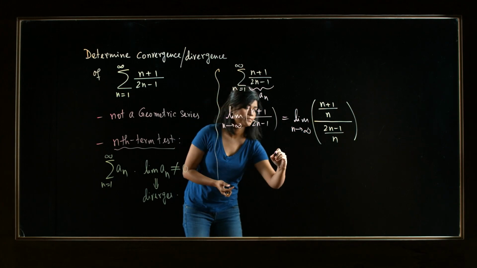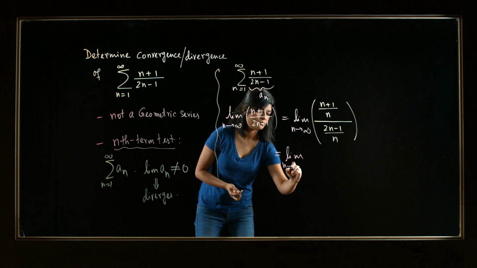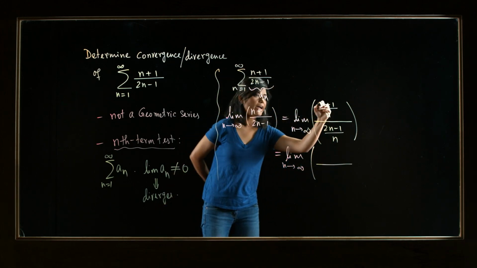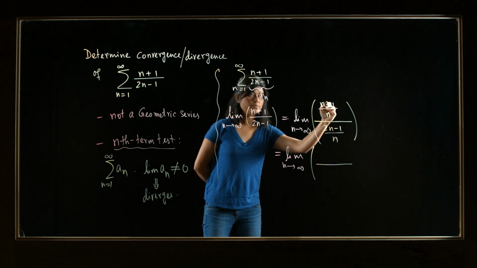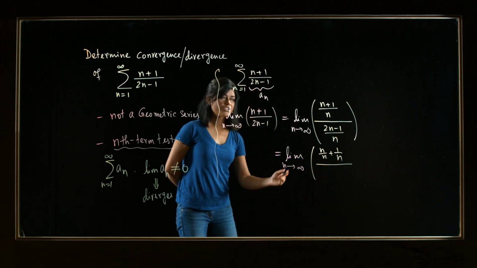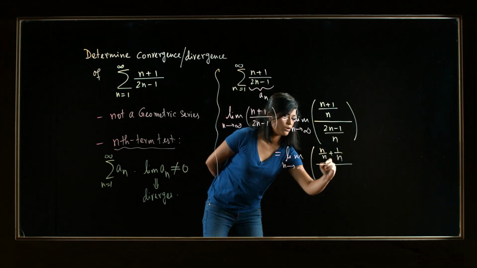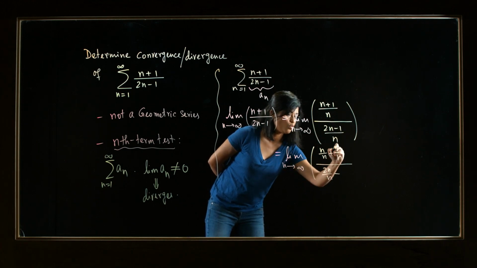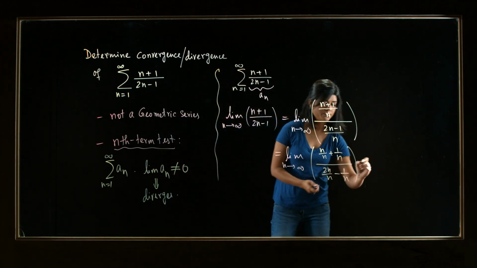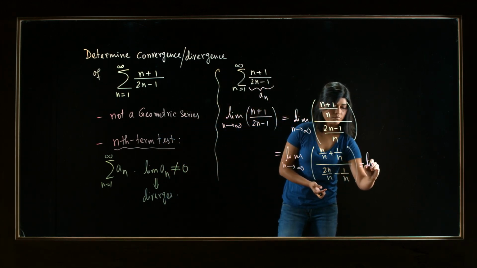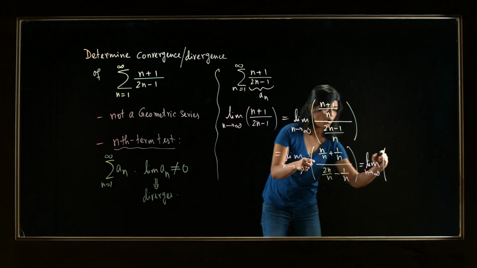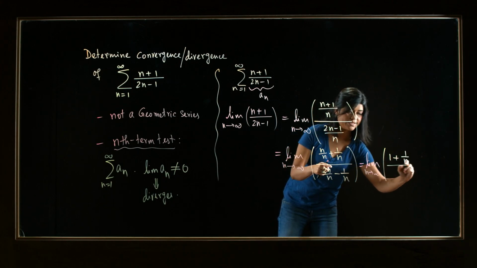Okay, so what do we have? Let's simplify the expressions. In the numerator, divide each of these terms by n. So we get n over n plus 1 over n. Let's do the same for the denominator: 2n over n minus 1 over n. And we can simplify it further. n over n is 1, and 1 over n, keep it as it is.